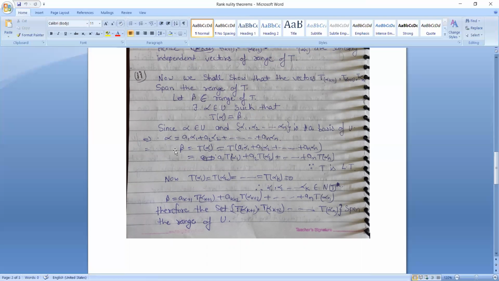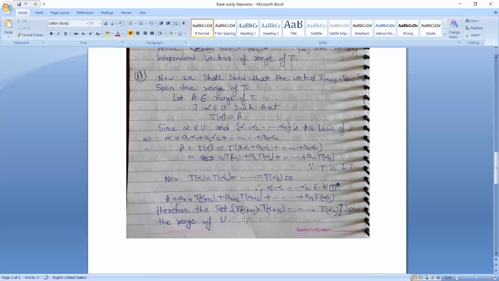That implies A1 T of alpha 1 plus A2 T of alpha 2 plus and so on An T of alpha n. Since T is a linear transformation, T of alpha 1, T of alpha 2 and so on T of alpha k is equal to 0, since alpha 1, alpha 2 and so on alpha k belong to N of T. And beta is equal to A k plus 1 T alpha k plus 1 plus A k plus 2 T alpha k plus 2 and so on An T of alpha n.